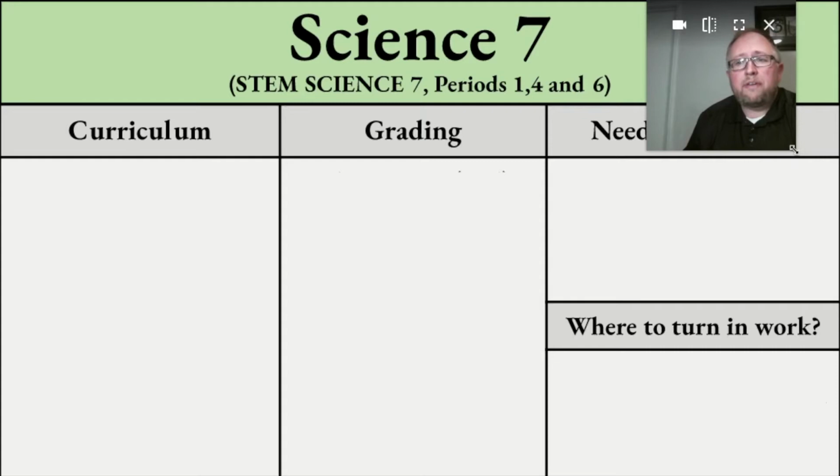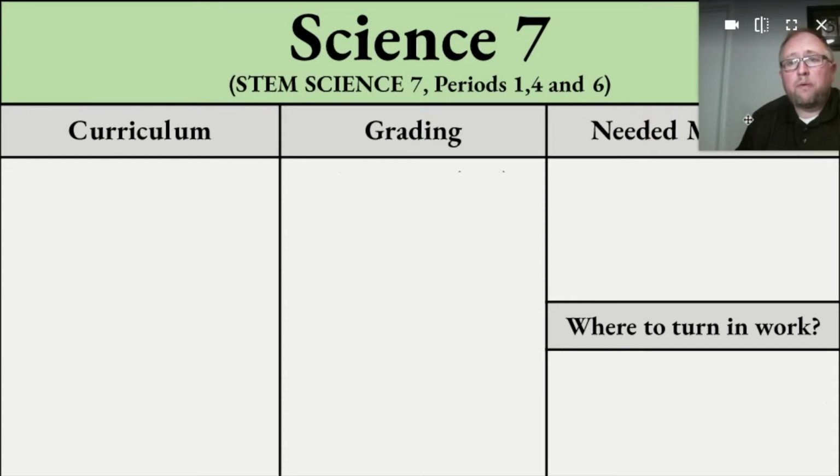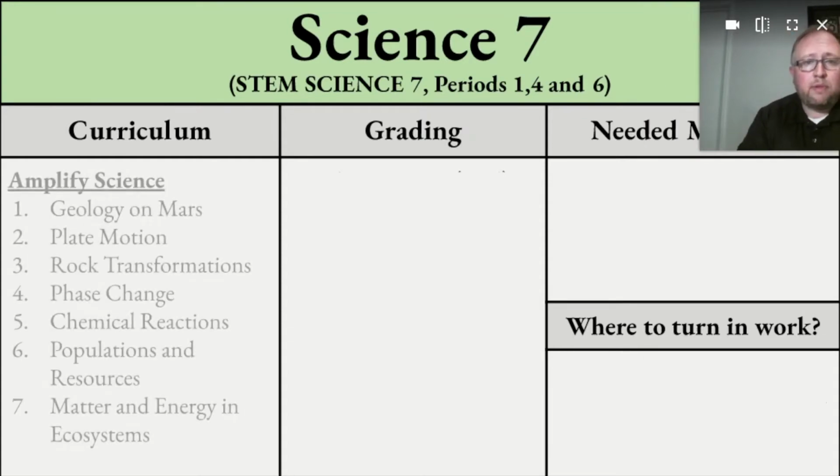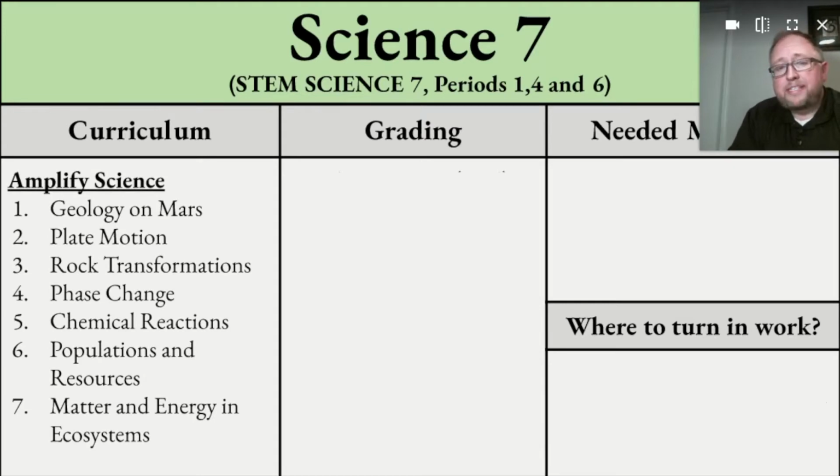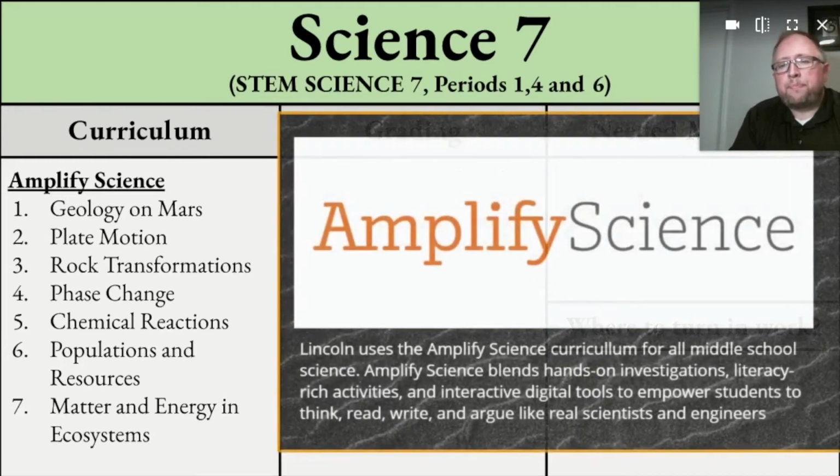So for Science 7, periods 1, 4, or 6, our curriculum, like I said, is Amplify Science. We have 7 units this year that we're going to cover: geology on Mars, all the way through matter and energy and ecosystems. This is an integrated science curriculum, so it doesn't just focus on one branch of science, it includes multiple branches of science.